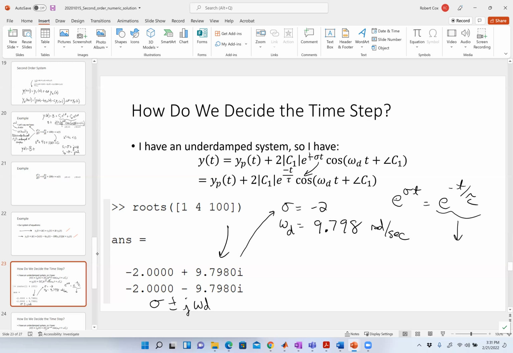So if I wanted to see whatever this guy's doing, what do I choose for my delta t? What's it have to be much, much less than? Much, much less than 5 tau. Now, what about the cosine piece here? What set the timing of the cosine?